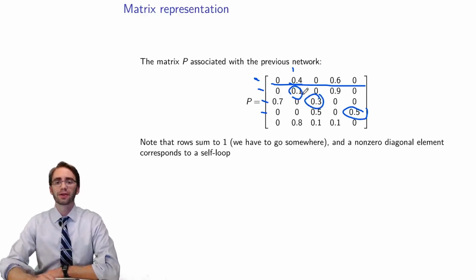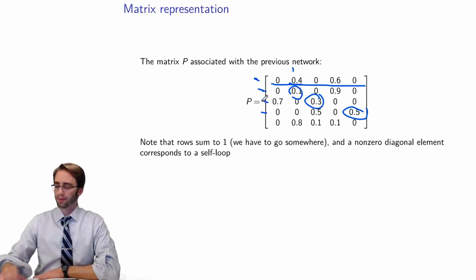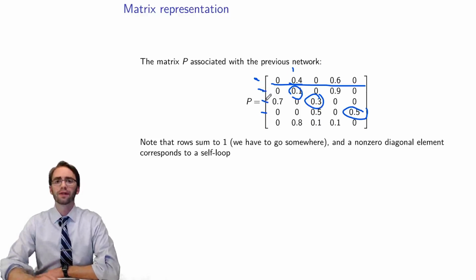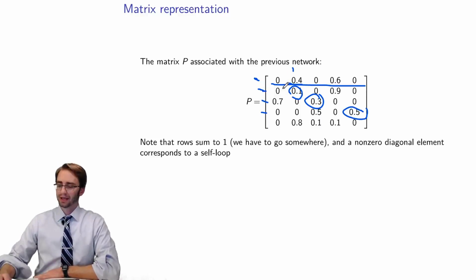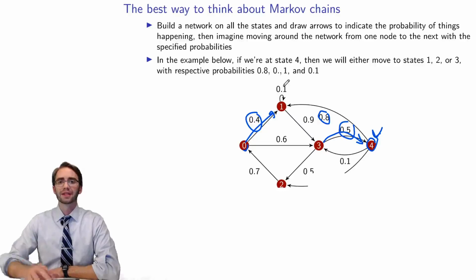And we can see there are 2 non-zero diagonal elements here for row number 1 and row number 2. And sure enough, if you look back at states 1 and 2, you'll find that they do have self loops. So number 1 has a loop like that, and number 2 has a loop like that.